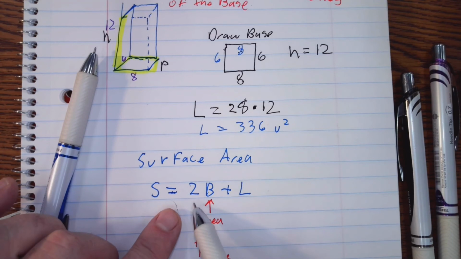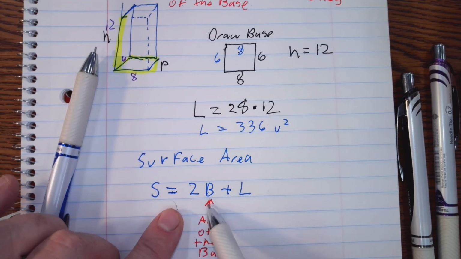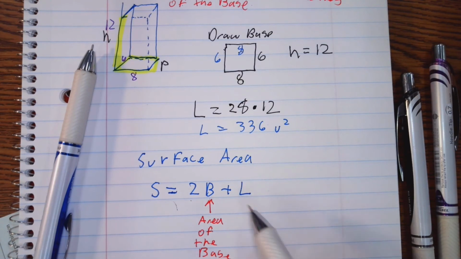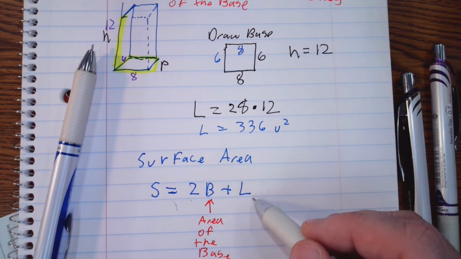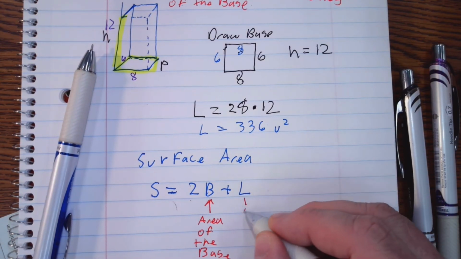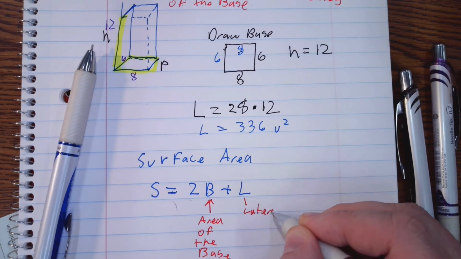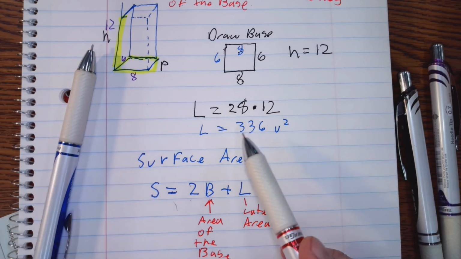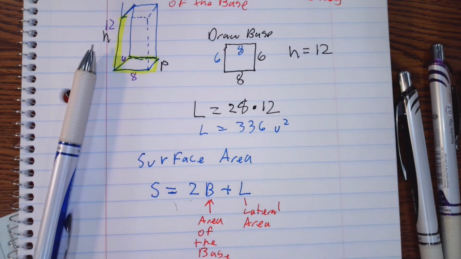It's 2 of them because we have 2 bases, right? So 2 times the area of the base plus L. That's still the lateral area. So you have to calculate the lateral area to get the surface area.